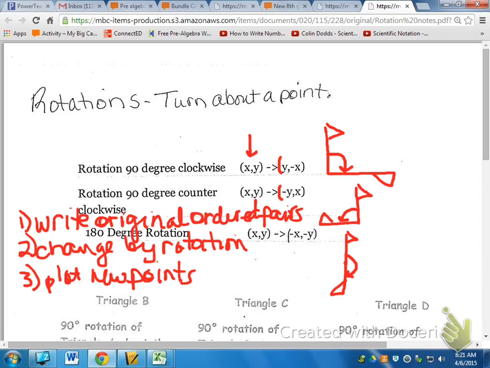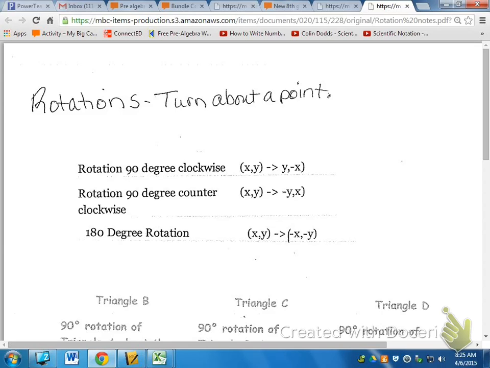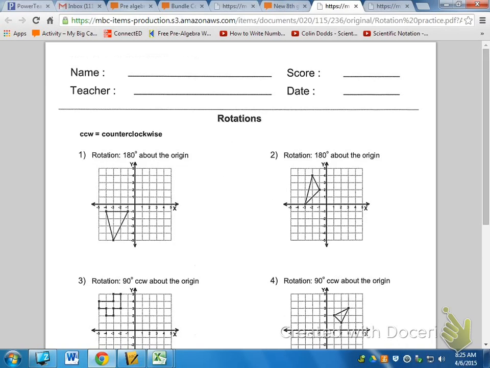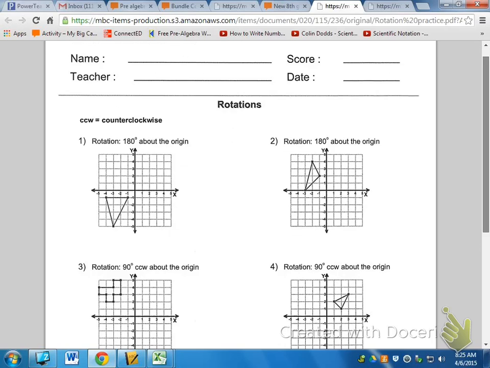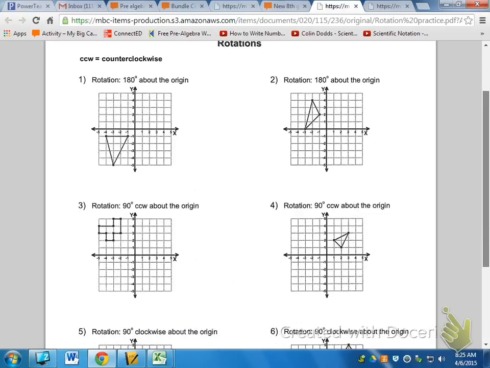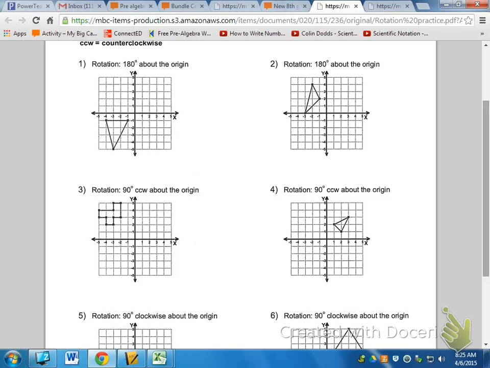All right, we're going to switch now over to the actual worksheet that you have. And I'm going to do number 1. You guys will be responsible to do all the rest. So what we're going to do is I am going to label my points so that it's easier for us to discuss, and I'm going to call this one A, this one B, and this one C. Okay, so can somebody tell me what my ordered pair is for point A?